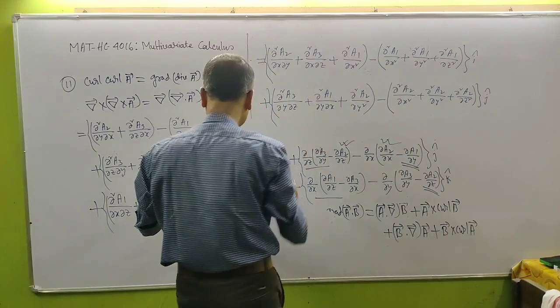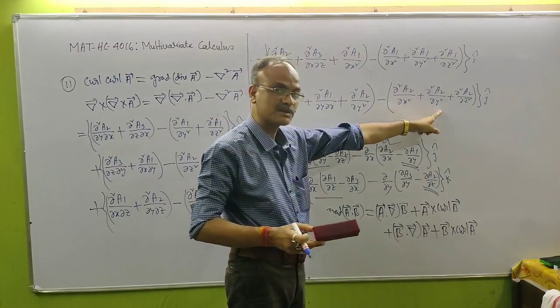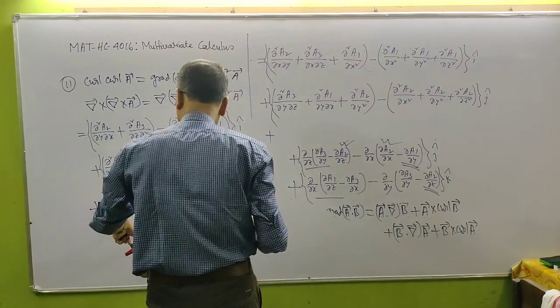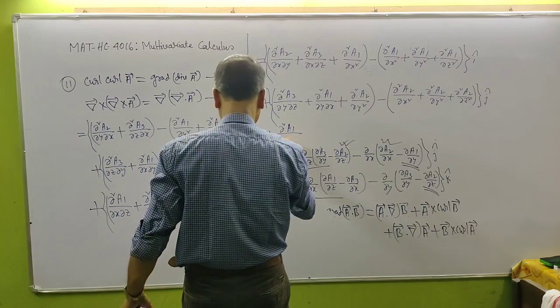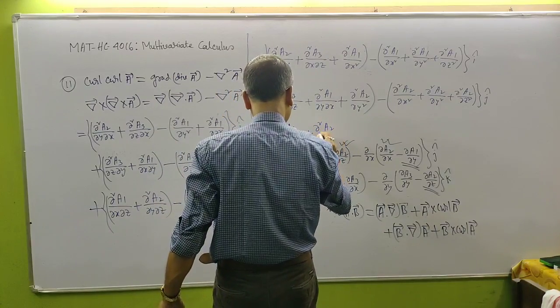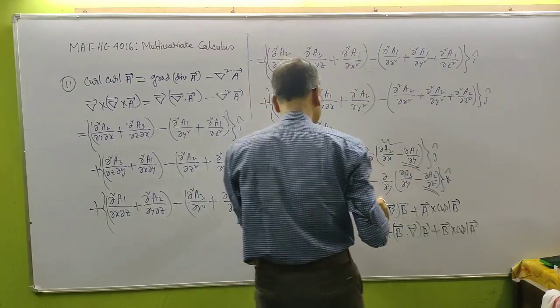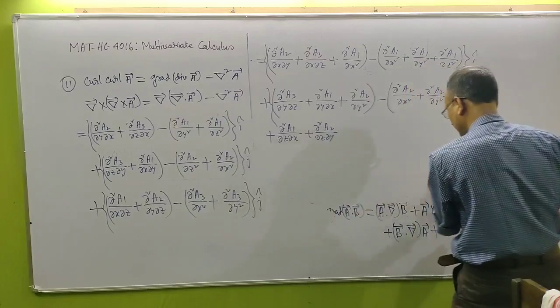We make it like this because this has been added and subtracted. Result will be the same. For this you may write del square A1 by del x del z, del x, plus del square A2 by del z del y, del z del y.